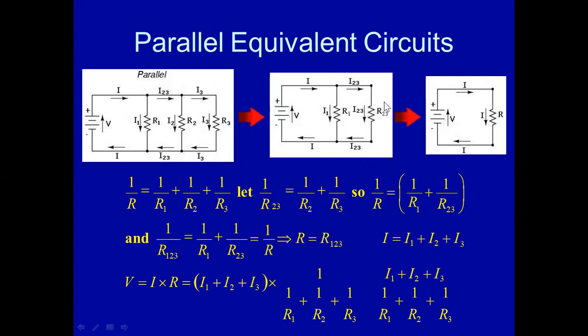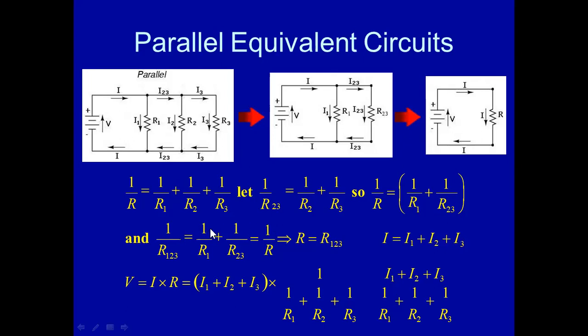This is now parallel with your R1. How are we going to get the resistance across this one? So we have here your 1 all over R, which is the total resistance, would be equal to the reciprocal of your resistor 1 and the reciprocal of whatever you got from your resistors R2 and 3.